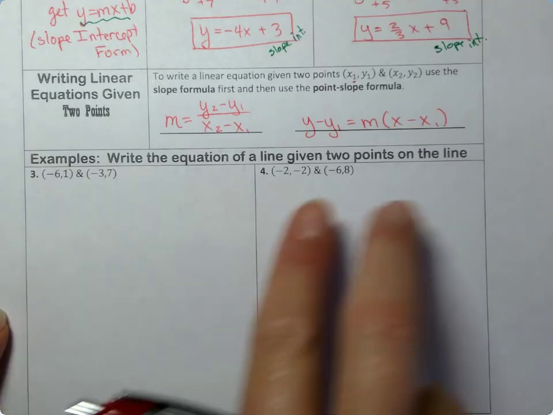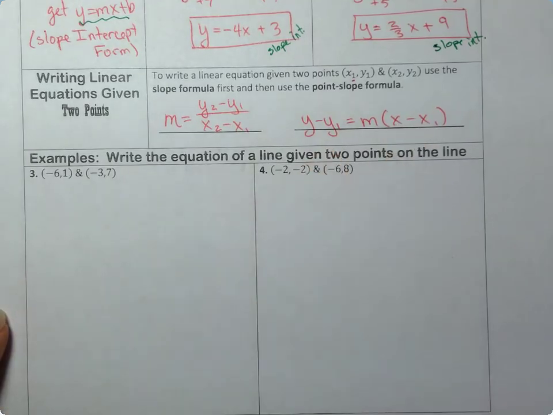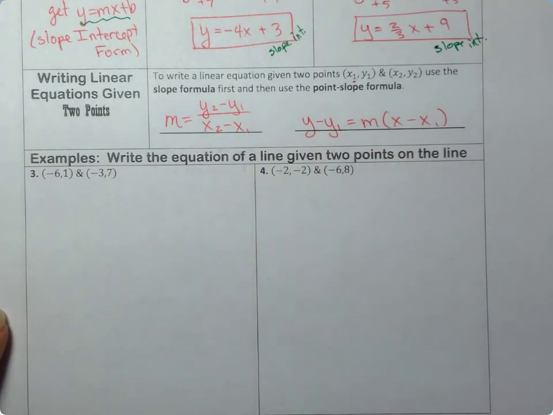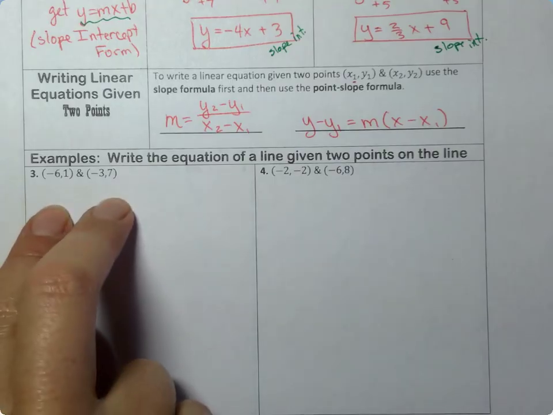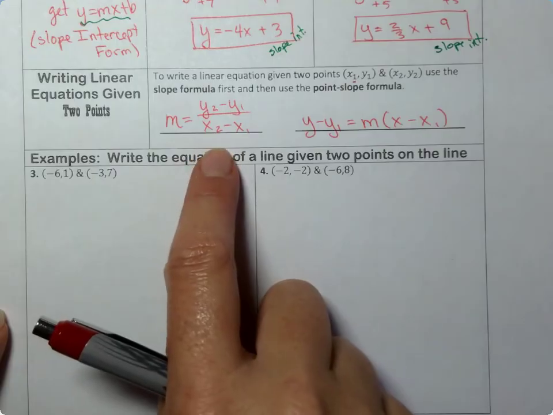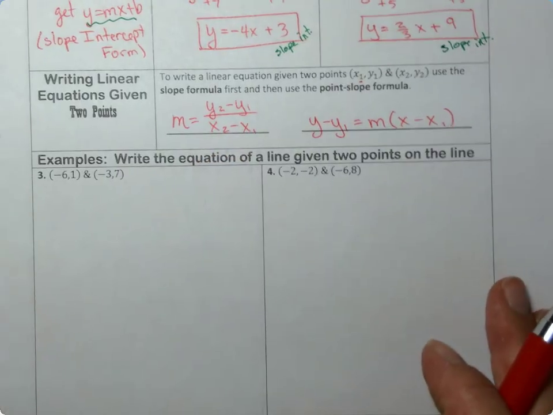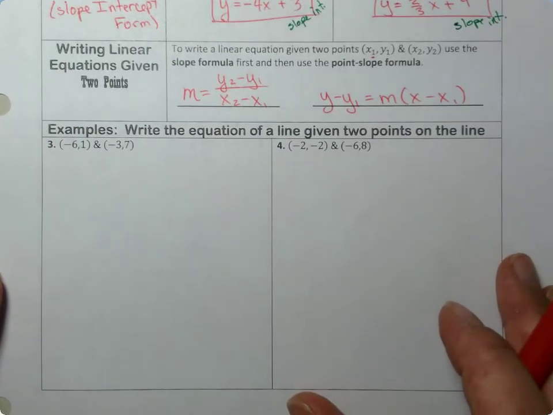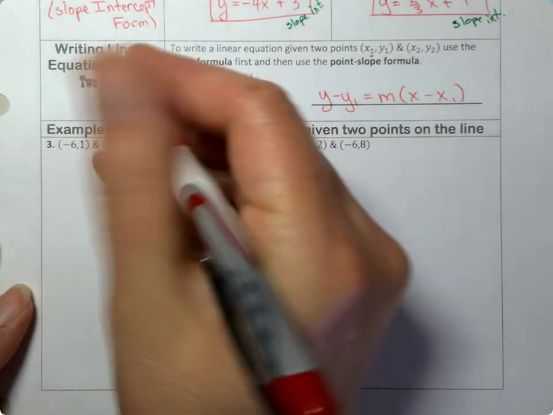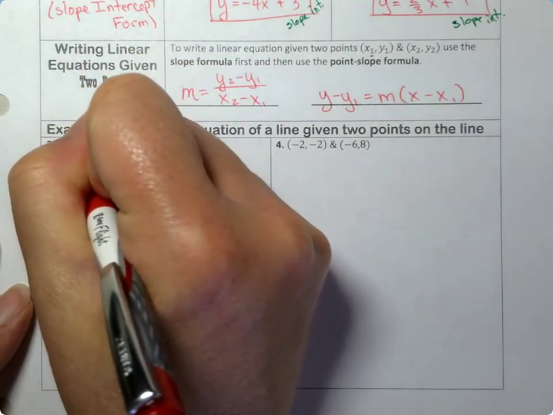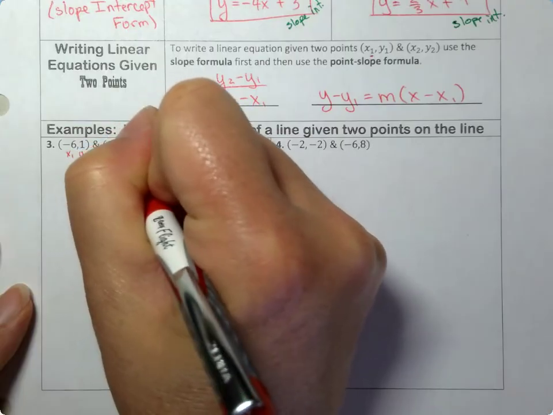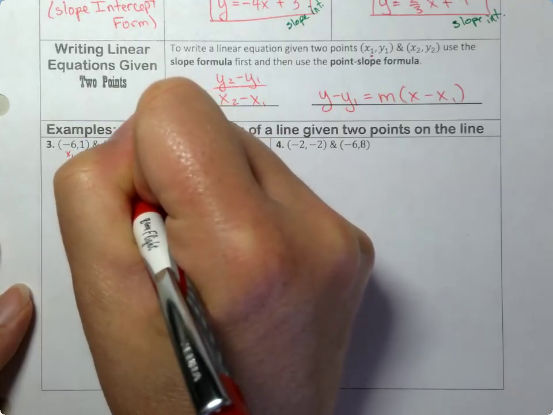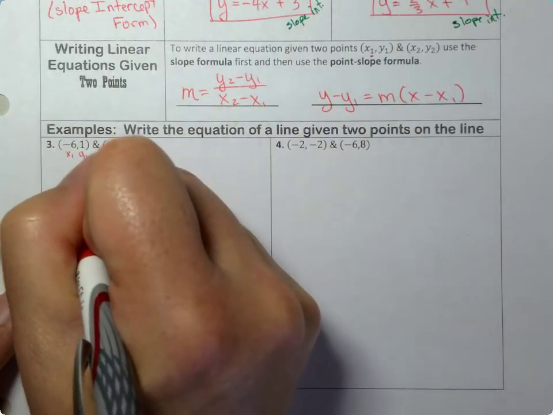Okay, to use point slope, I need 1 point and the slope. I have 2 points. What am I missing? The slope. So what do I have to do first? The slope. Okay, so it does not matter which point you call x1, y1, but I'm just going to be consistent. This is going to be my first point, and this is going to be my second point. And I know you all know how to do slope, but I want to make sure you slow your brains down.